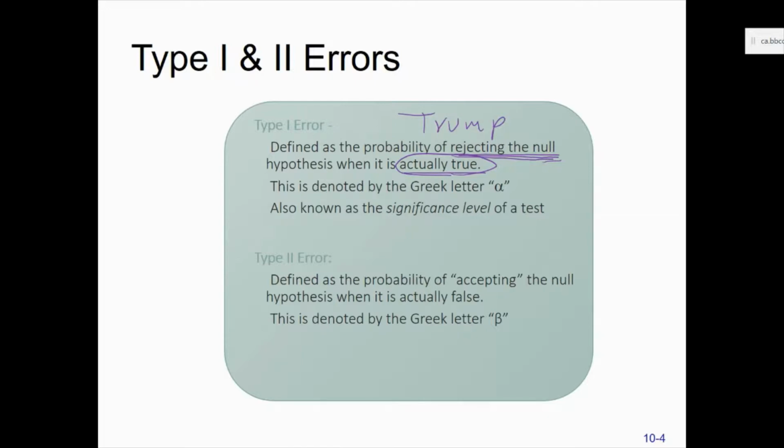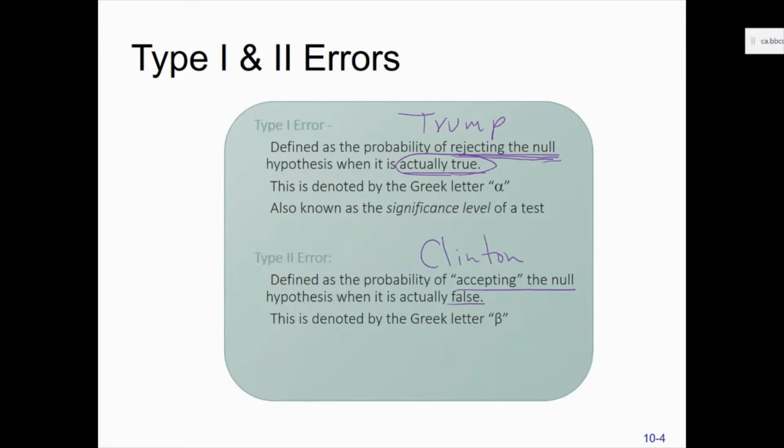Now, let's look at type 2 error. Type 2 error is defined as the probability of accepting the null hypothesis when it is actually false. And this is denoted by the Greek letter beta. So accepting the null when it is actually false. So I call this the Clinton error.